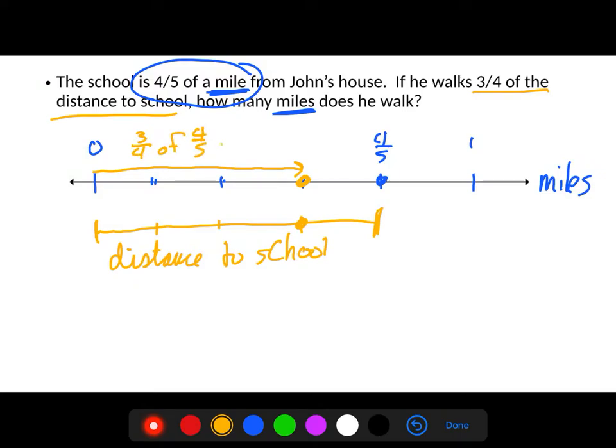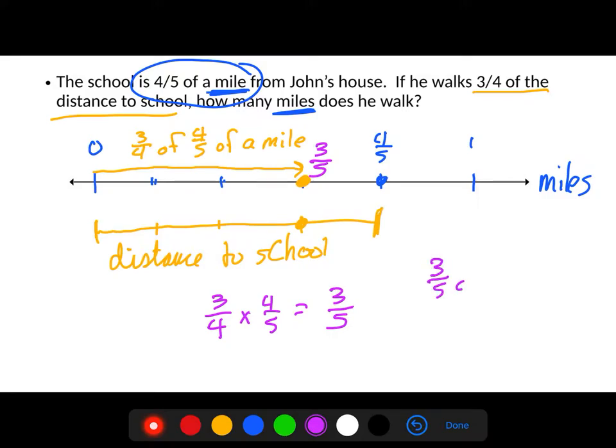So it's 3/4 of 4/5 of a mile. And where did we land here? We landed at 3/5. So 3/4 of 4/5 equals 3/5, and that'll be the answer to our problem, 3/5 of a mile.